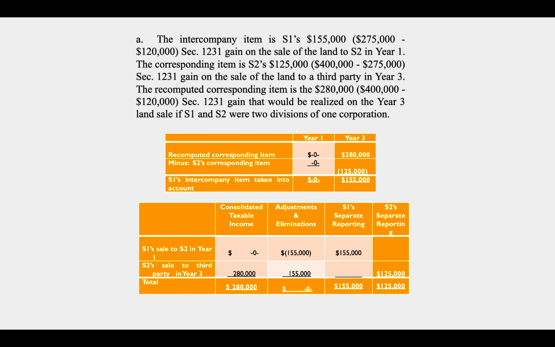So $155,000 of that happened with S1, $125,000 happened with S2. We take it all into account in our consolidated tax return in year 3 as if we have finally sold this land to a third party because we've sold it to a third party.